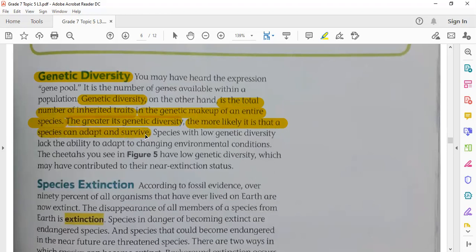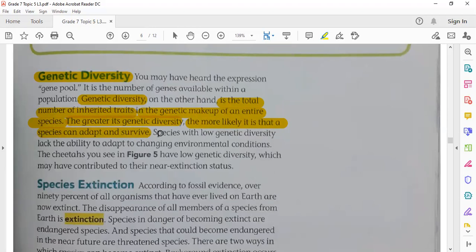So organisms with a greater genetic diversity are able to adapt to their environment and survive if the environment changes, if there are disasters or hurricanes, whatever. These species can adapt because they have genetic diversity.